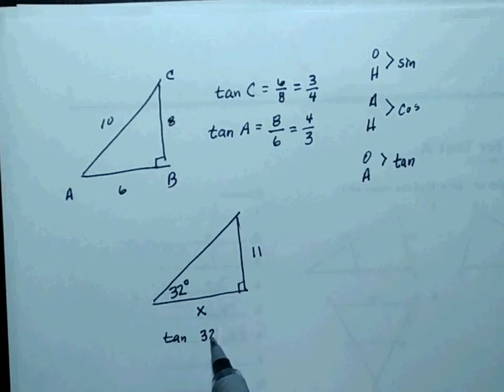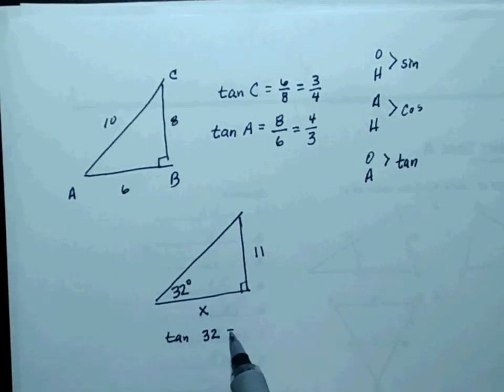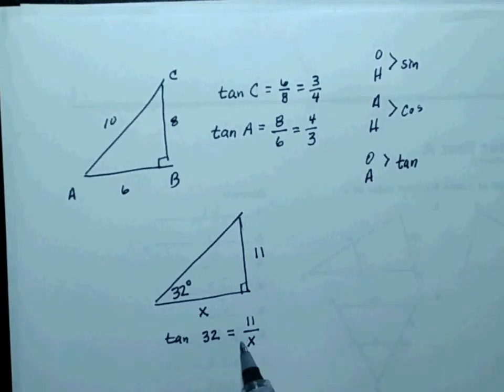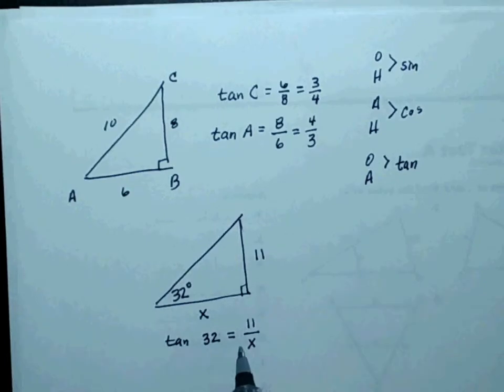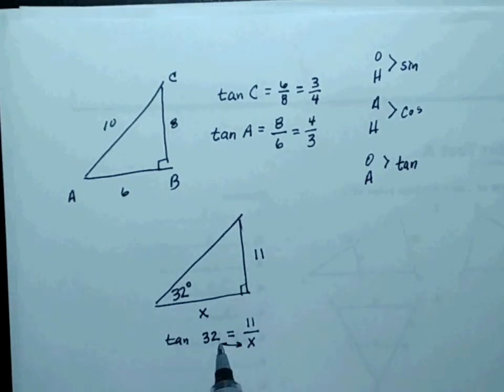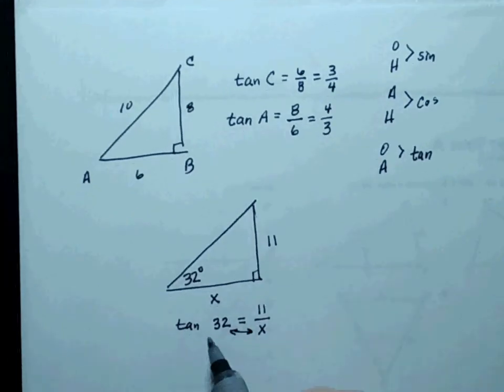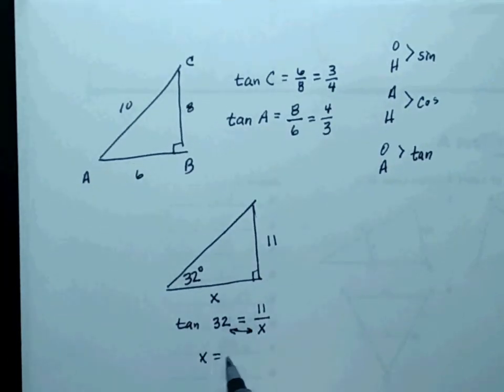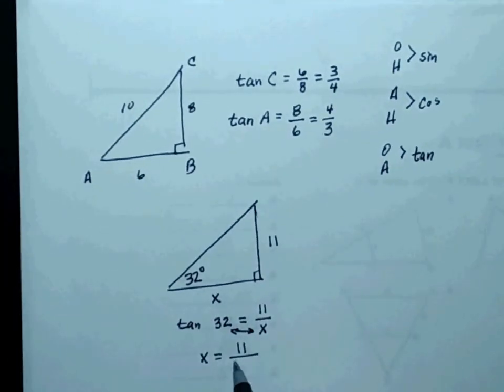Next we put our angle, tangent of 32 degrees, and that equals opposite over adjacent, 11 over x. Again, look, we have x in the denominator, so we're going to use our little shortcut. We're going to interchange tangent of 32 and x. Right, so that's going to give us x equals 11 over tangent of 32.